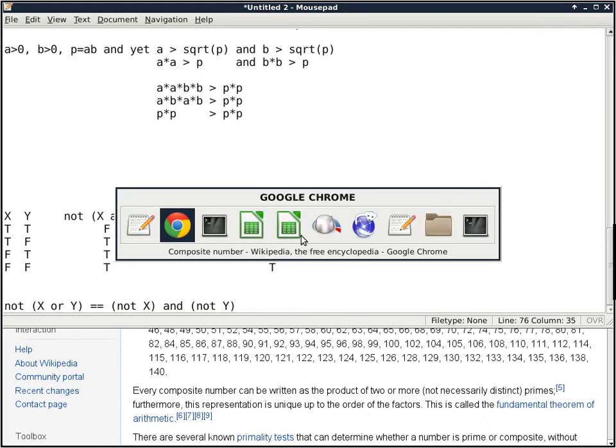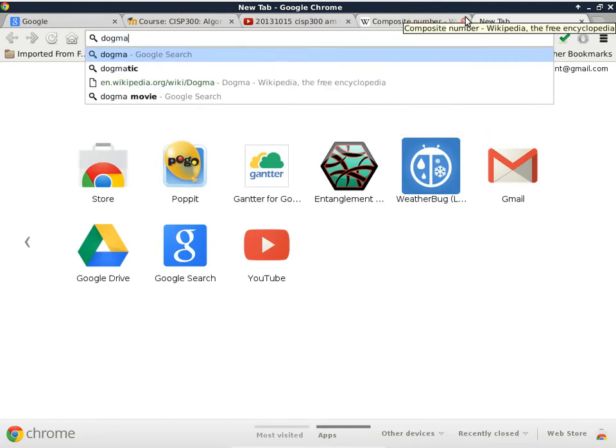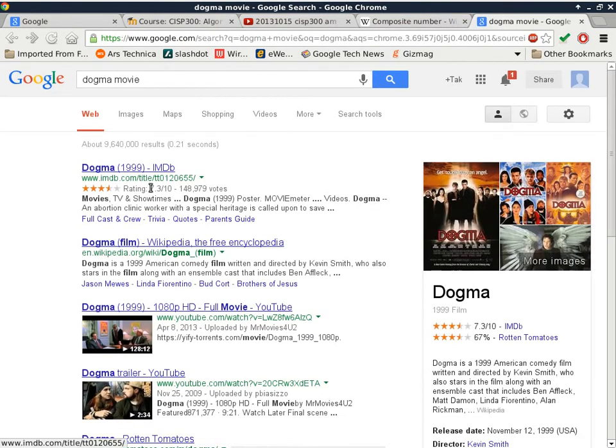Now I have to look it up. George Carlin, that's it. I think the rating is way below what it should be. It should be way up there. So the movie is Dogma, and George Carlin was the Archbishop in the movie, and that all by itself should tell you something about the movie.